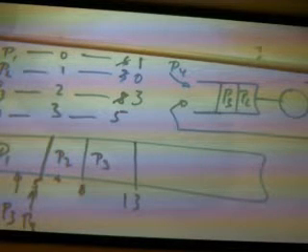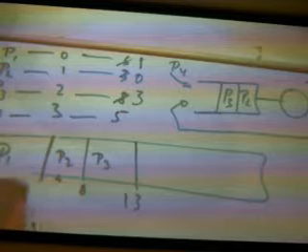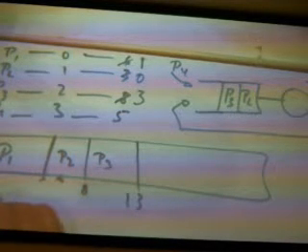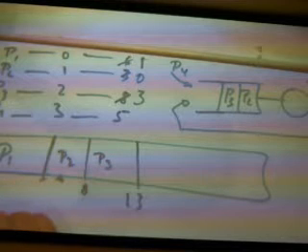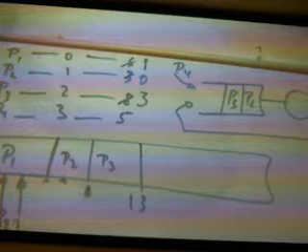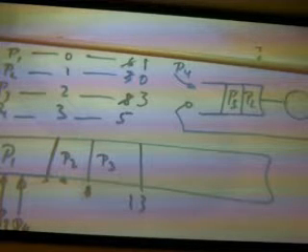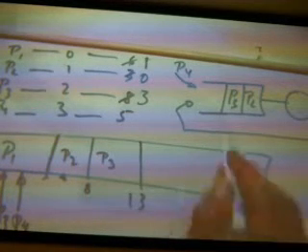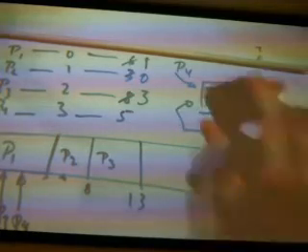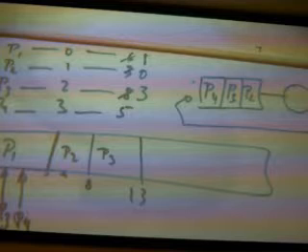So in this example you have P1, P2, P3, and P4. P4 will get in the queue before P1 finishes the quantum.